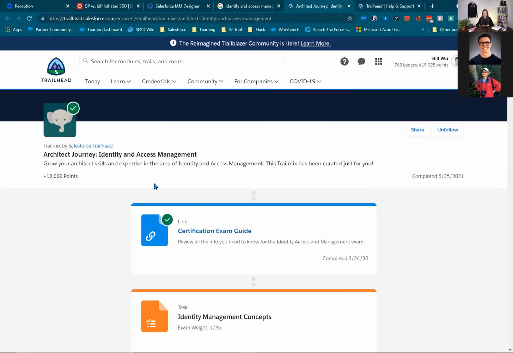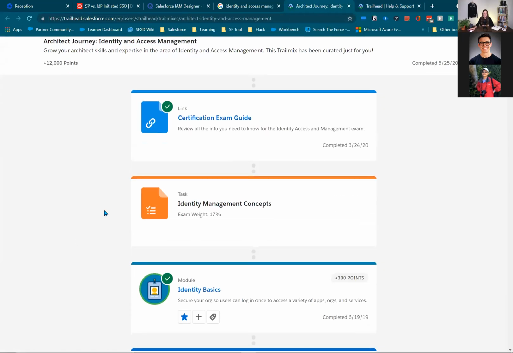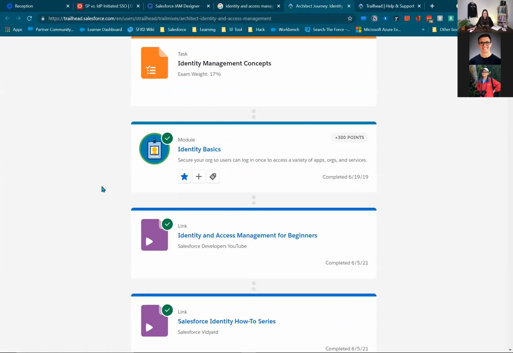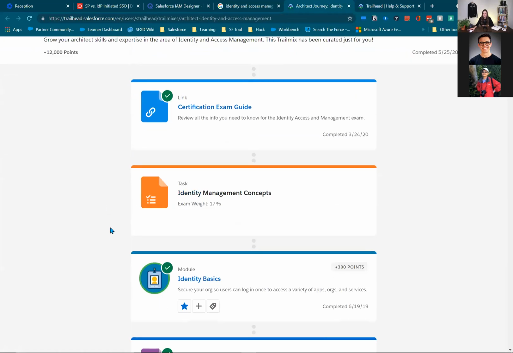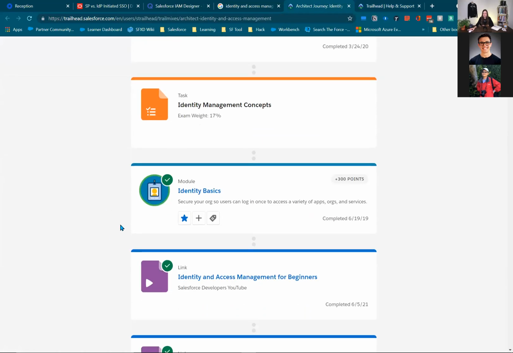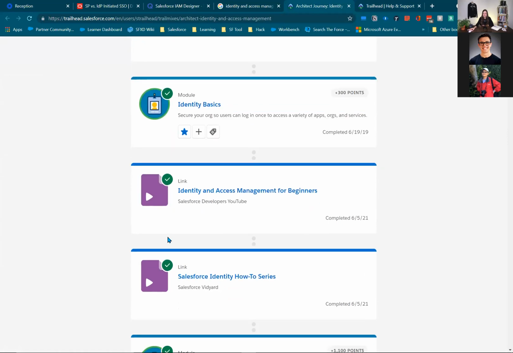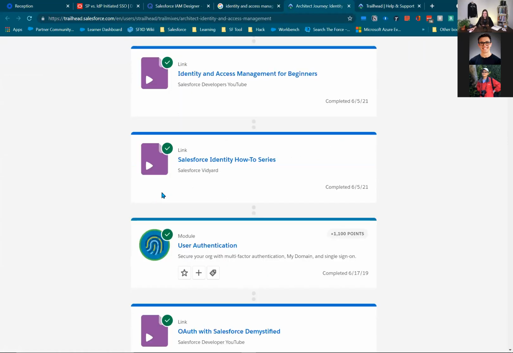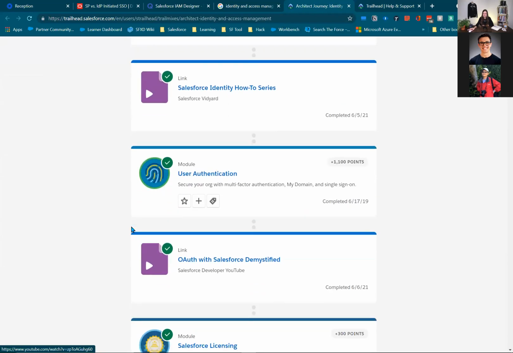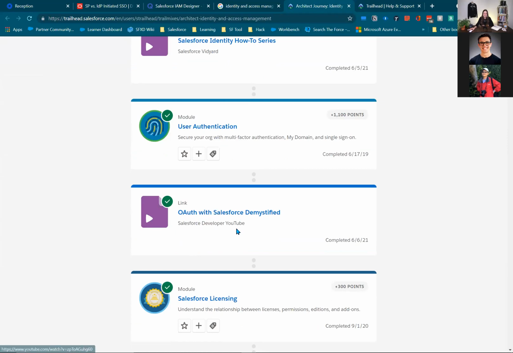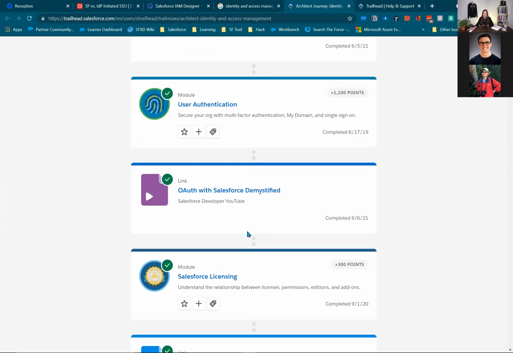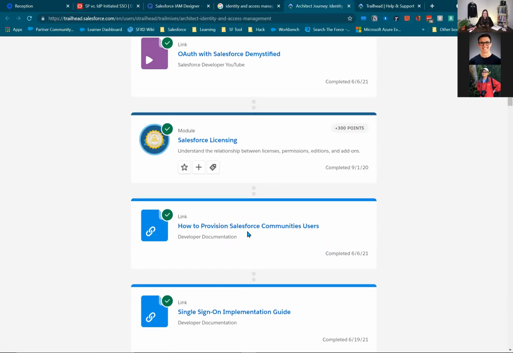And here is a Trailmix. For those advanced level certifications, they actually put a lot of links because the Trailhead badges are not enough, I guess. Some of these links point to YouTube videos from Salesforce itself, the developer channel or admin channel.